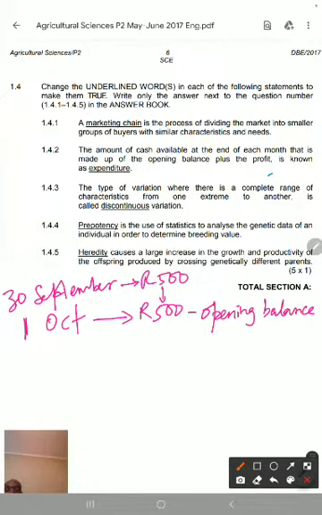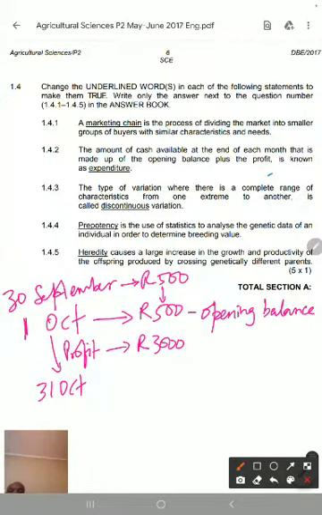And then this farmer, from 1st October to 31st October, in his business made a profit of, let's say, 3,000 rands. So how much will his balance be at the end of October? Will it be 3,000 rands?